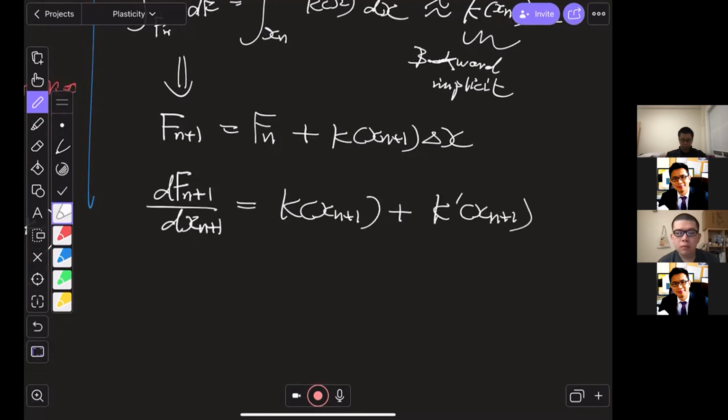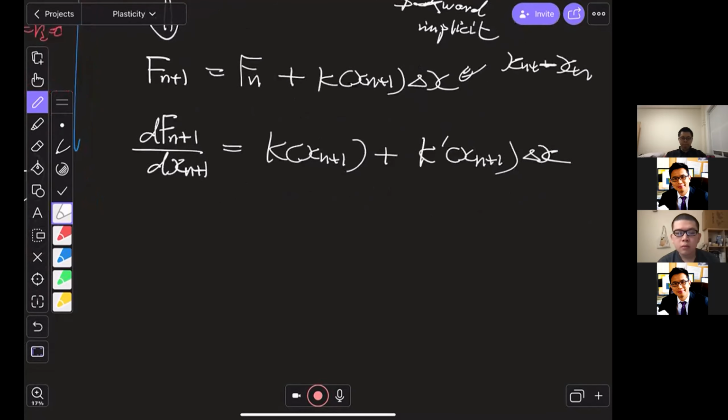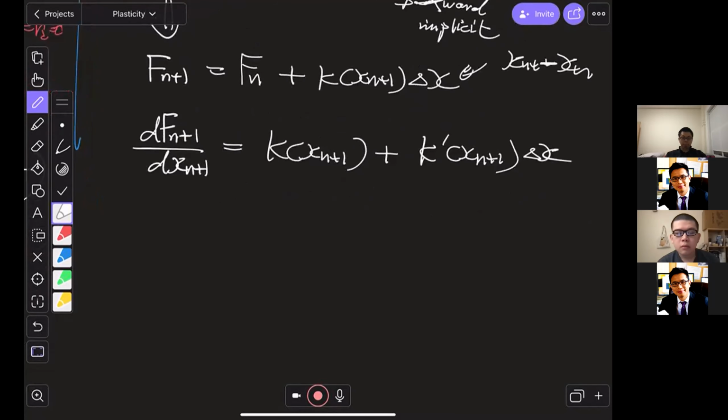So the derivative of K times delta x, right? You see what I mean? Delta x is xn+1 minus xn. So this is actually the interesting thing. This whole thing is called algorithmic stiffness.